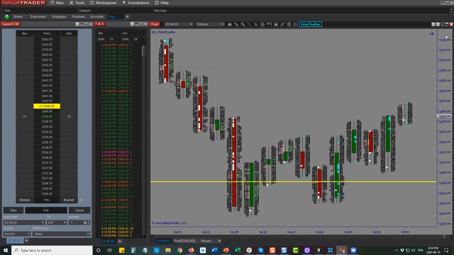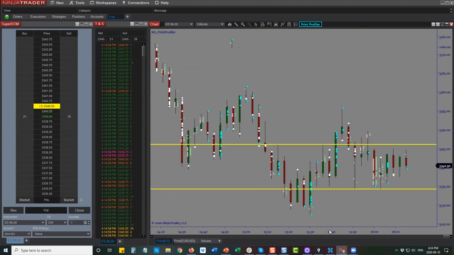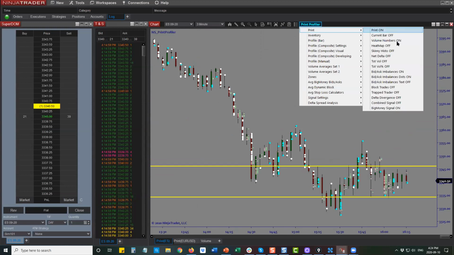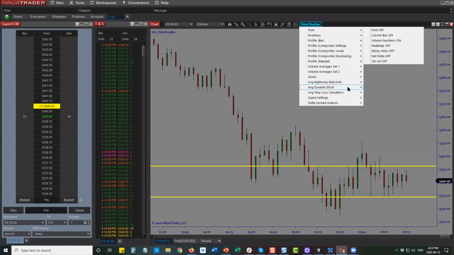Now, let's talk about one last thing here. We're going to talk about something new. Turning off all the print, turning off all the dots. Now I want to talk about block trades. One of the biggest misused assets in our space is block trades.